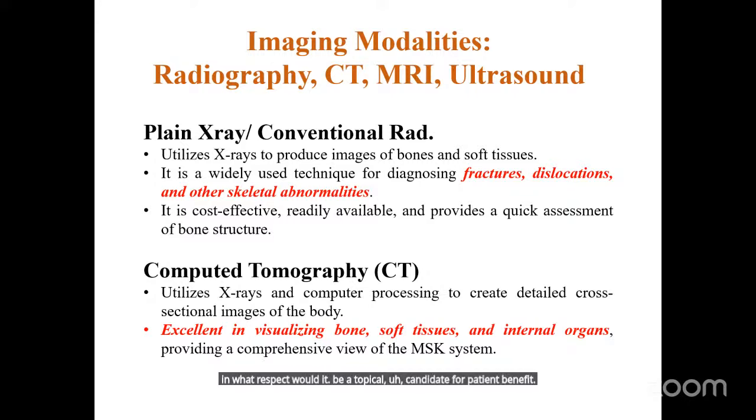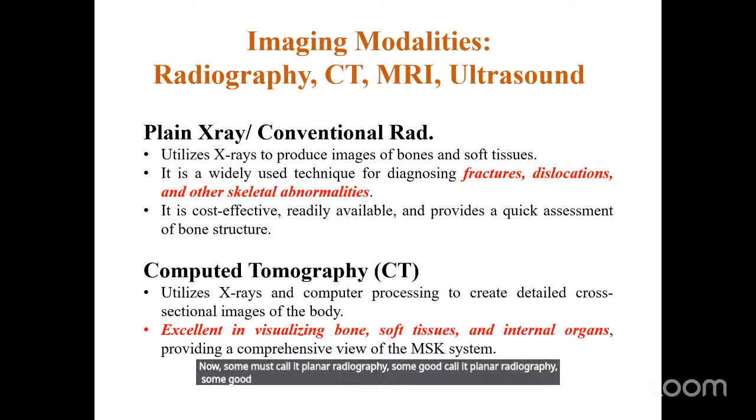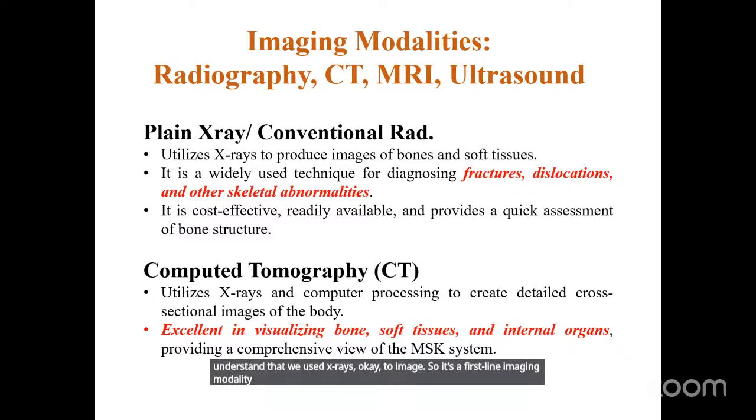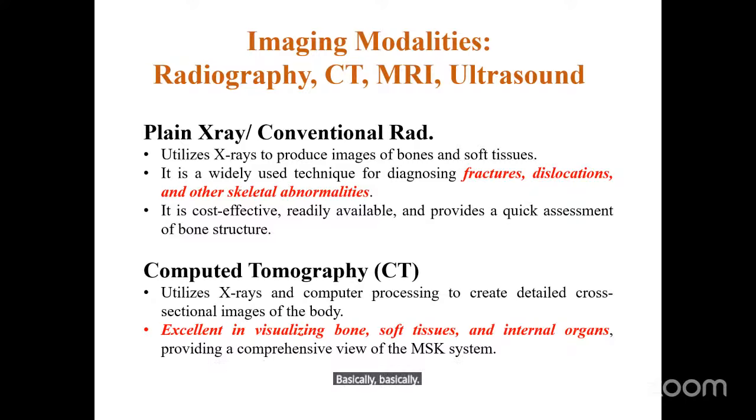Now, some would call it plain radiography, some would call it planar radiography, some would call it plain X-ray, others call it conventional radiography. No matter what, we still understand that we use X-rays to image. So it's usually the first line imaging modality for assessing most bony conditions and some associated soft tissue pathologies.